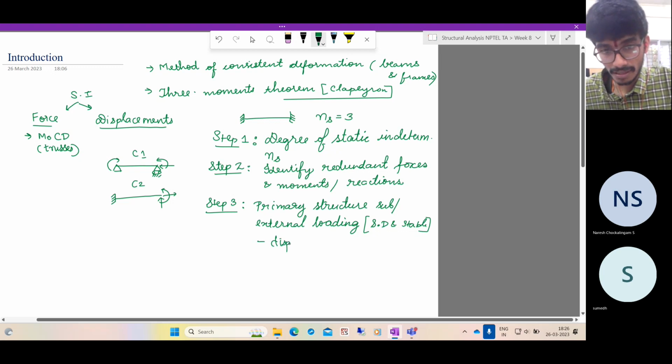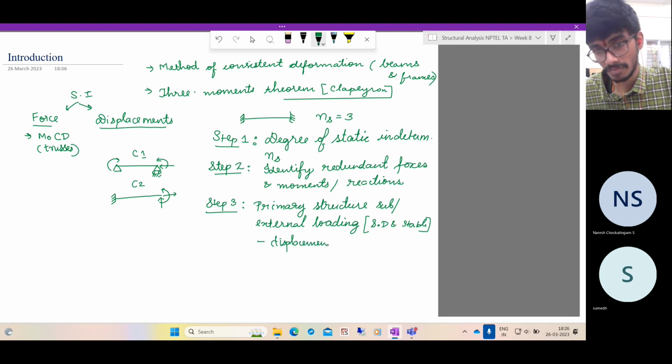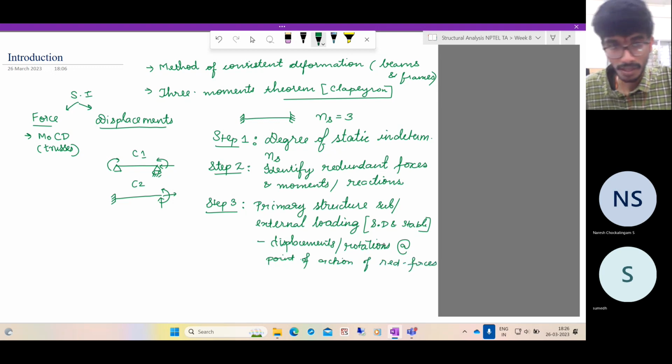You determine the displacements or rotations at the point of action of the redundant forces. If there is a redundant force here, suppose there is a horizontal force here. What is the action of that horizontal force?